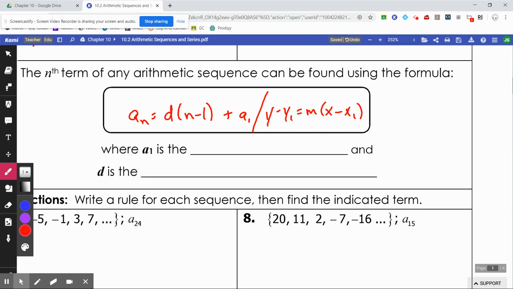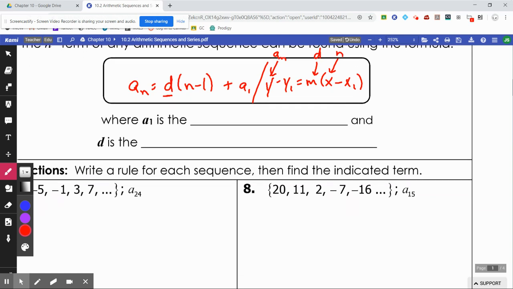Because again, this is a linear formula. So what we're going to have to do later on is replace our y with an a sub n. Our m is actually our d. It's the same thing. I told you the common difference is a slope. And instead of using x, they use n. That's fine. It's the same thing, just using different variables.